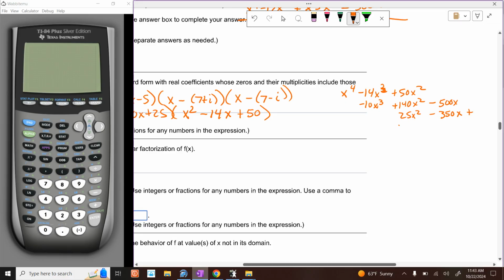Plus 25 times 50 is pretty big, 1,250. So if we add them, it's x to the fourth minus 24x cubed plus 75 and 140 is 215x squared minus 850x plus 1250.